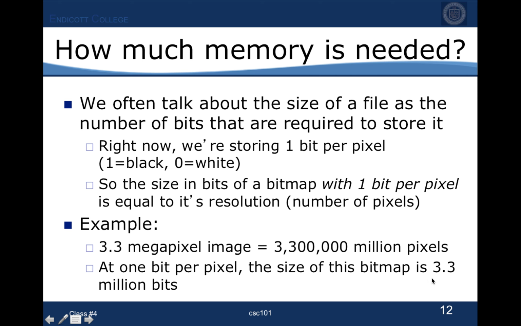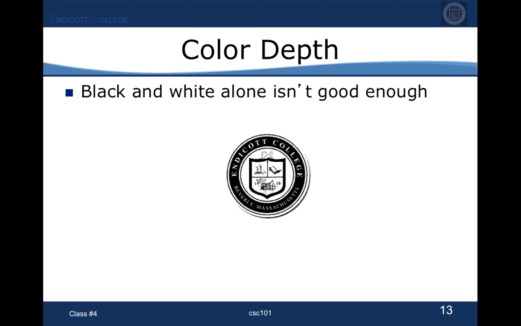Remember, there's 8 bits in a byte. So if you divided that by 8, it'd be how many bytes? We're talking about maybe some megabytes of memory. Not huge by today's standards. But of course, it's likely that black and white isn't quite good enough.